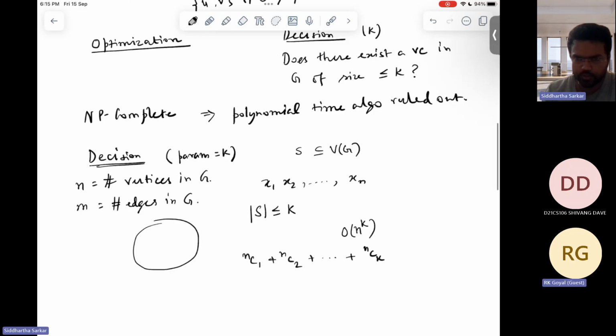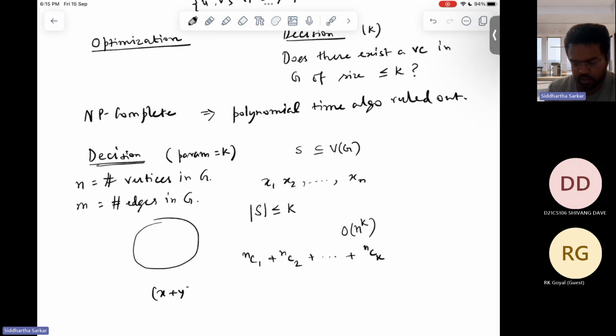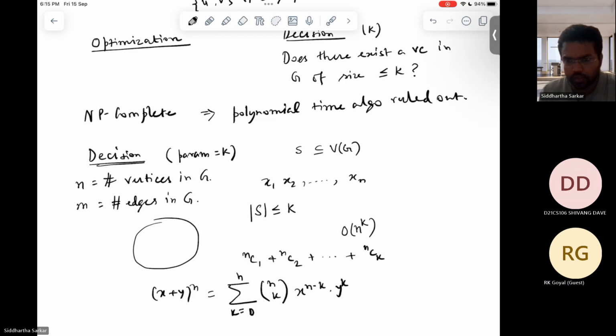So let us recapitulate. x plus y to the power n is the summation k from 0 to n of n choose k, x to the power n minus k, y to the power k. Here we can take x to be 1 and y to be 1.